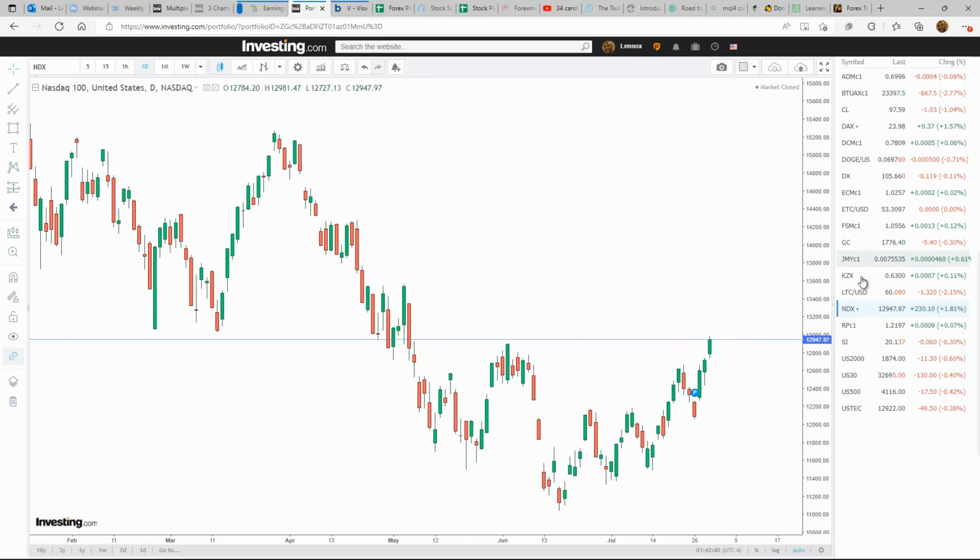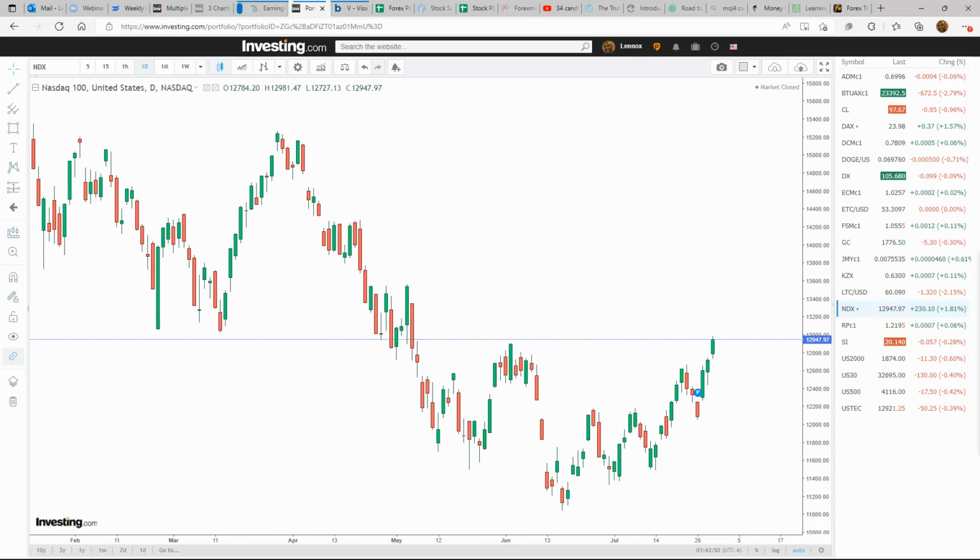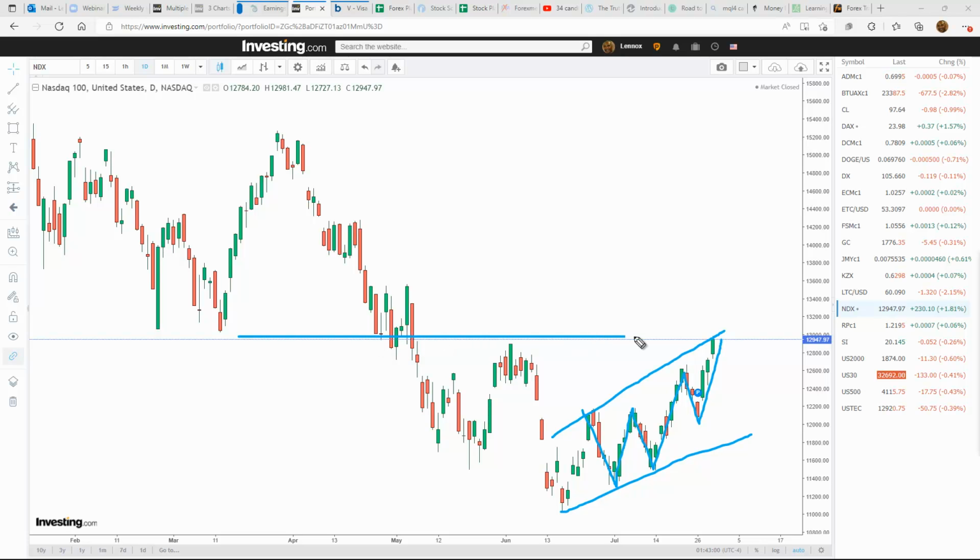But I'm kind of thinking that maybe we might be getting close to the end of this move. You can see it's been a very scattered, choppy affair. Let me just move that back over. It's been a very choppy affair. And again, we're inside of a channel, up and down in it, and going to the top of it. So looking like we're getting very close to the end of this move.